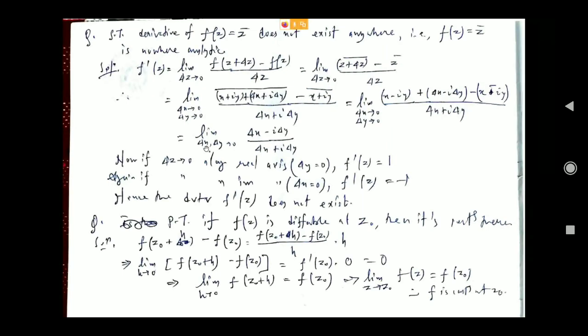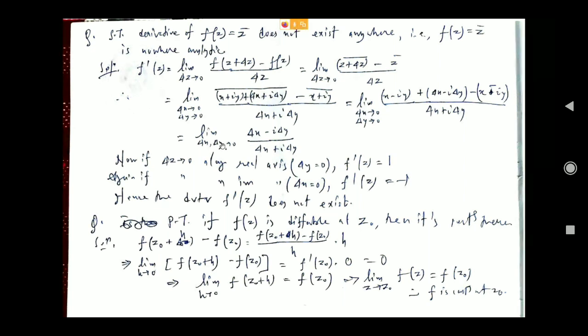Here we are talking about del z tends to 0. So by whichever path you approach towards 0, this limit should be unique if it has to exist. Otherwise, the limit will not exist. If you can show that when we move towards 0 from two different paths, we get different values of this limit, then the limit will not exist.